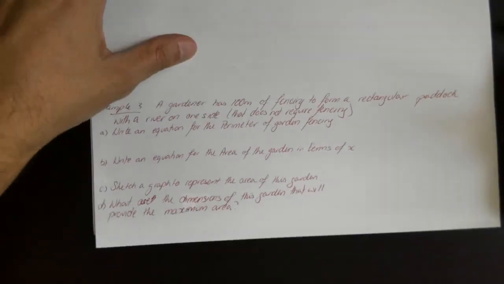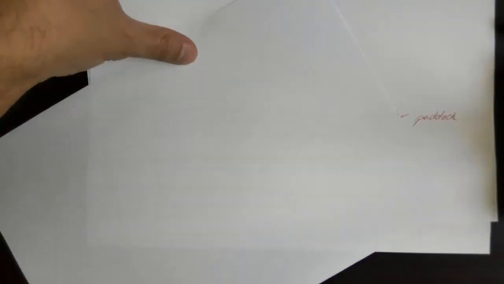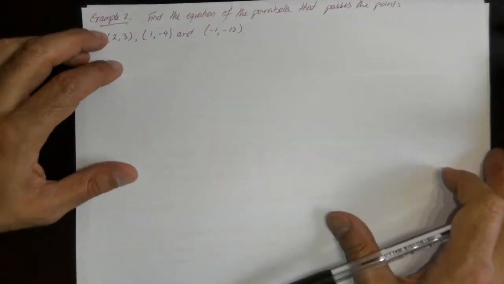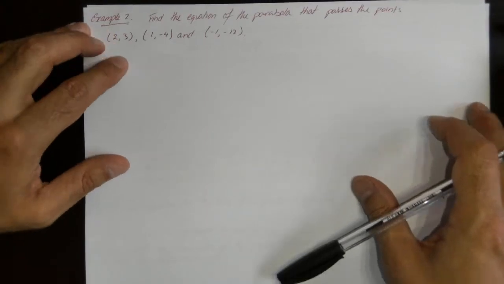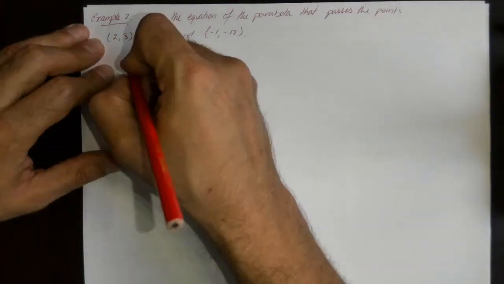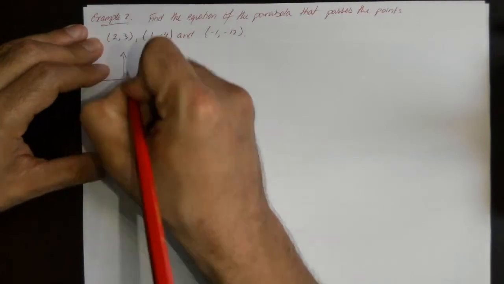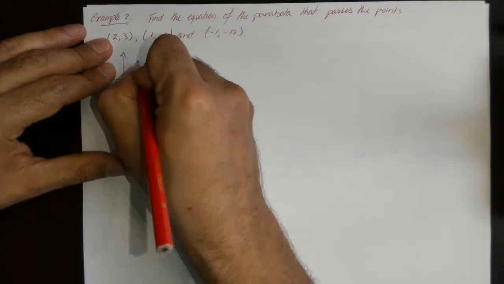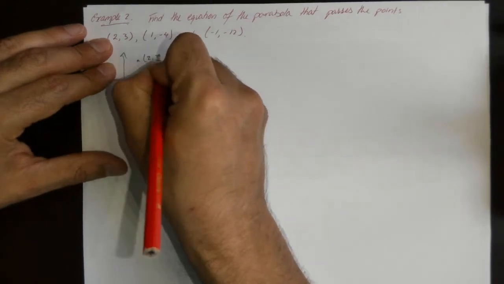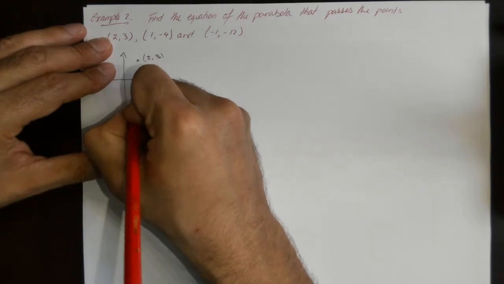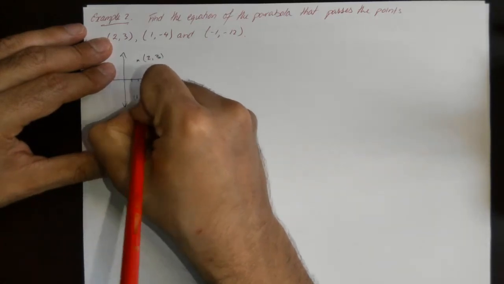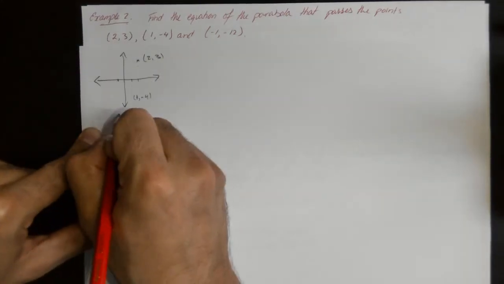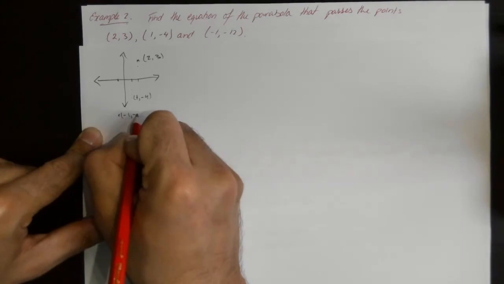Example 2. Basically, it's stating that we have 3 points. So I have (2, 3), I have (1, -4), and then I have (-1, -12).